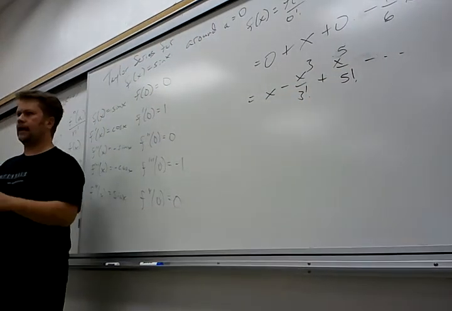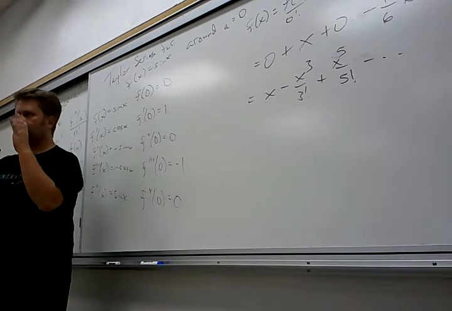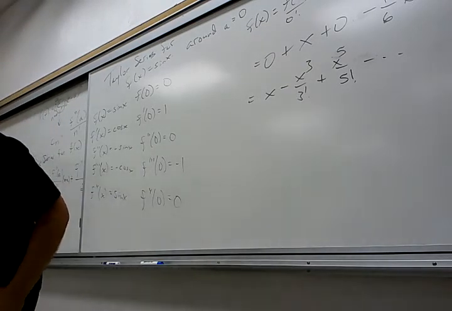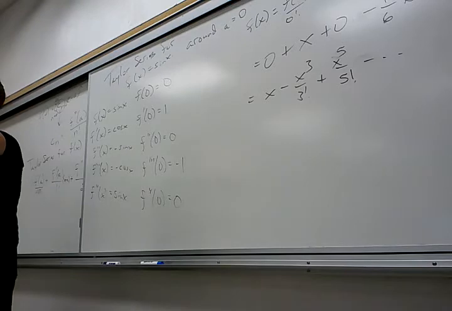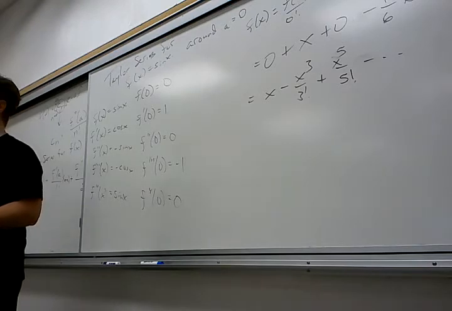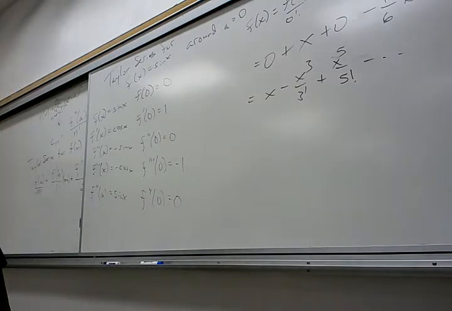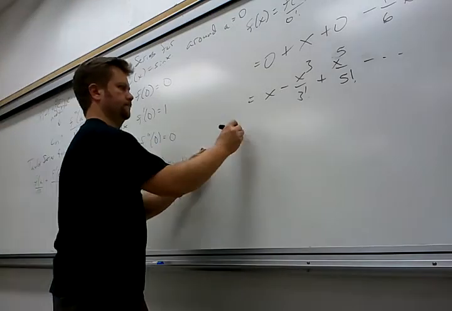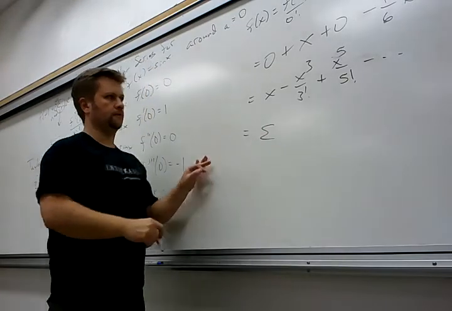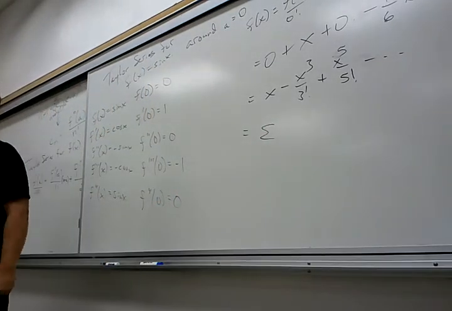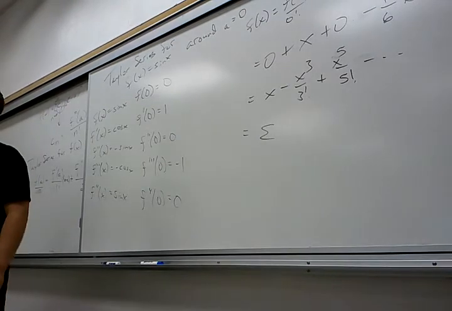Now, how would you write that in summation symbols? How would you write the closed form for that series? What's true about every single one of these things? What are the main numbers involved?